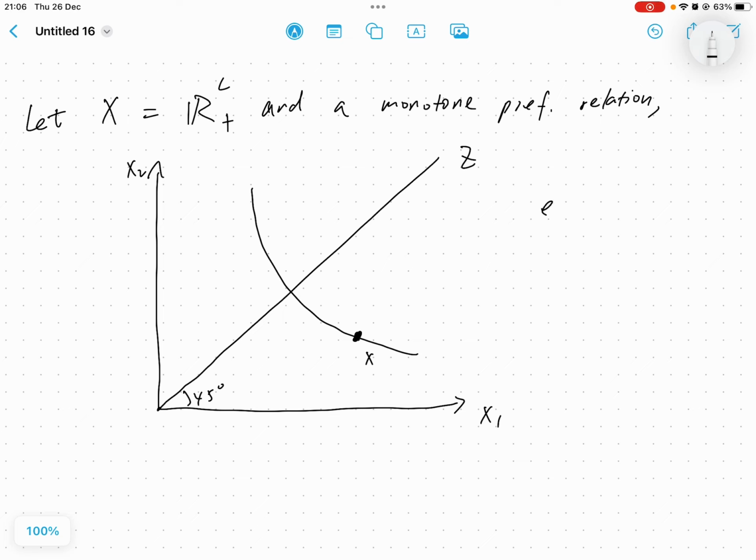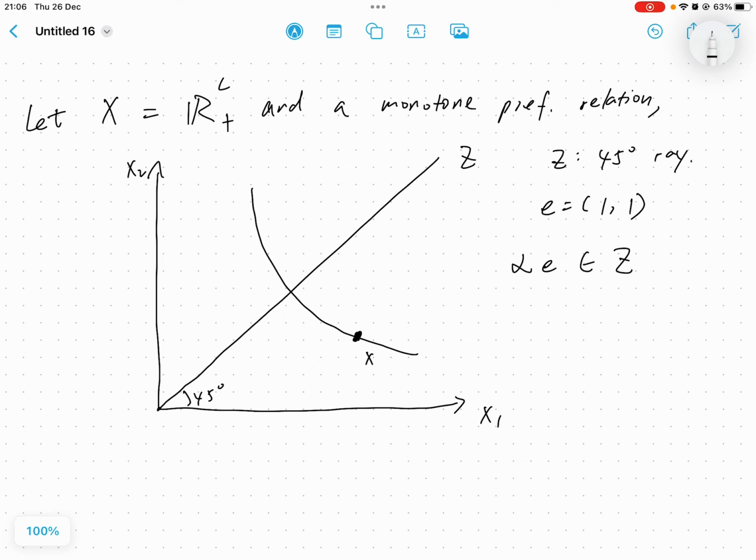So e here will be just 1 and 1. Z is the 45-degree ray. Then let's have some non-negative real number alpha. So alpha times e, this vector, has to be on this 45-degree ray.